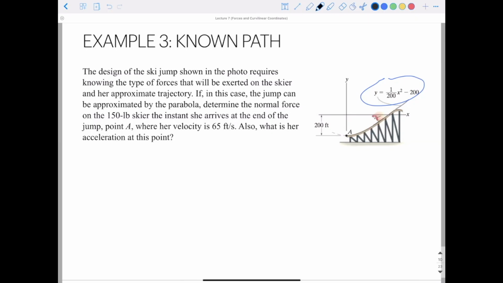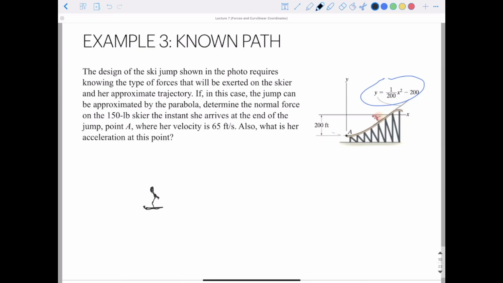So let's do our free body diagram. Let's pretend we have our skier. There's our crude little skier, and we got our arms back, ready to jump.